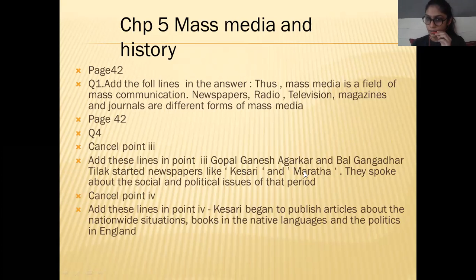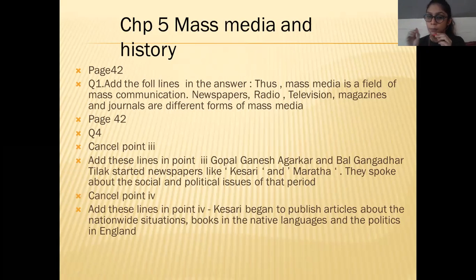Gopal Ganesh Agarkar and Bal Gangadhar Tilak started newspapers like Kesari and Maratha. They spoke about the social and political issues of the period. So you're going to cancel point number 3, the whole of point number 3 of question number 4. You have to write this point.